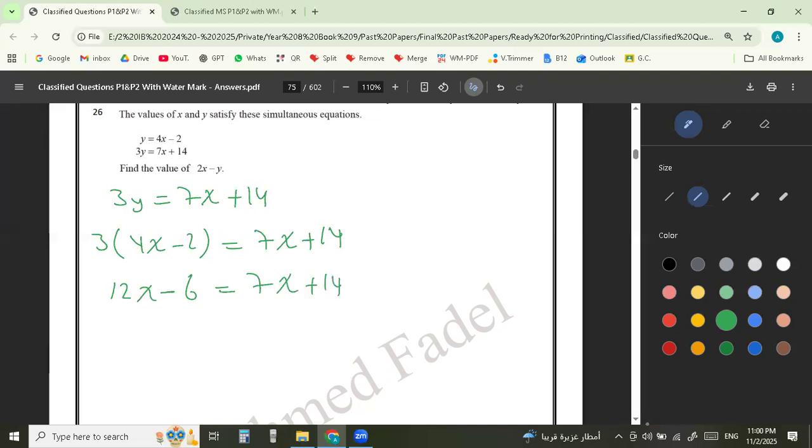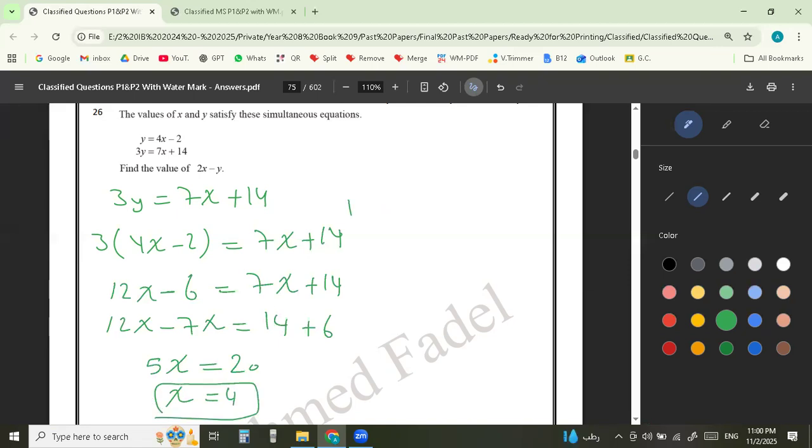Collect like terms. I'll have here 12x minus 7x equals 14. When minus 6 comes there, plus 6. Here I got 5x equals 20. Then x is 4. I'm going to do what now?